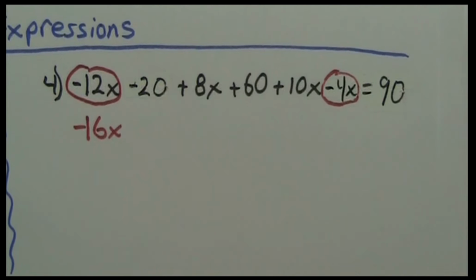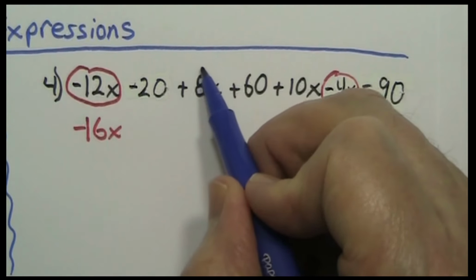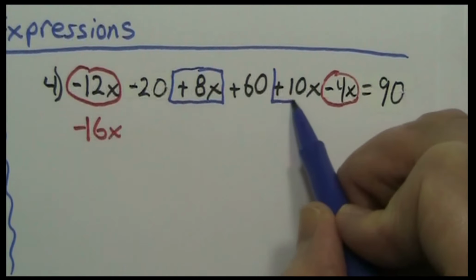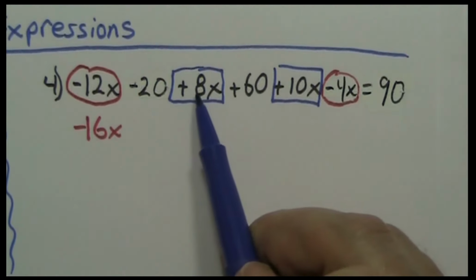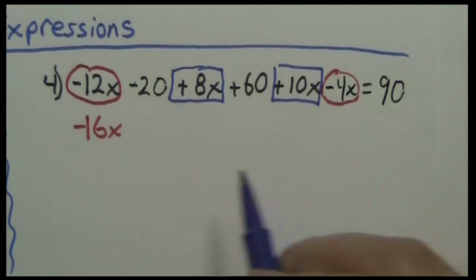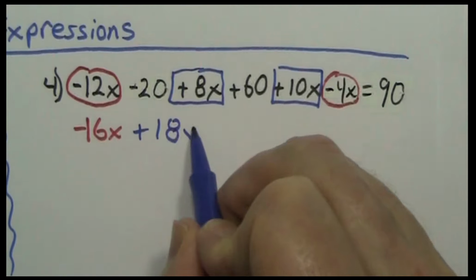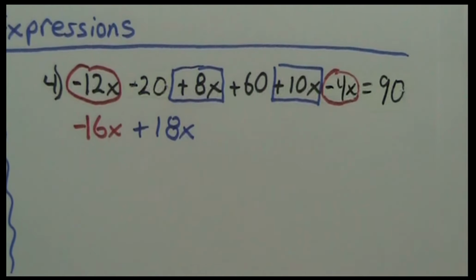Okay, now let's take a look at the positive x's. We have positive 8x and a positive 10x. So 8x's and 10x's is 18 x's. Okay, what about our constants?